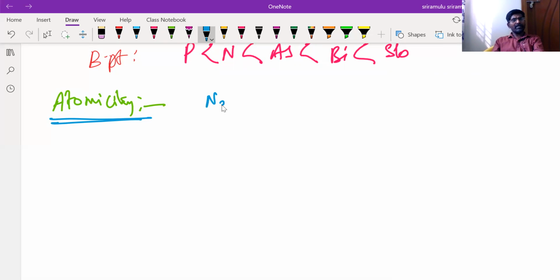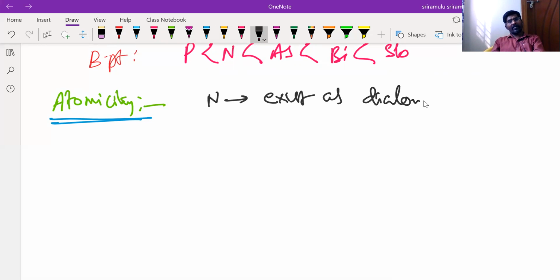So nitrogen exists as a diatomic molecular gas.